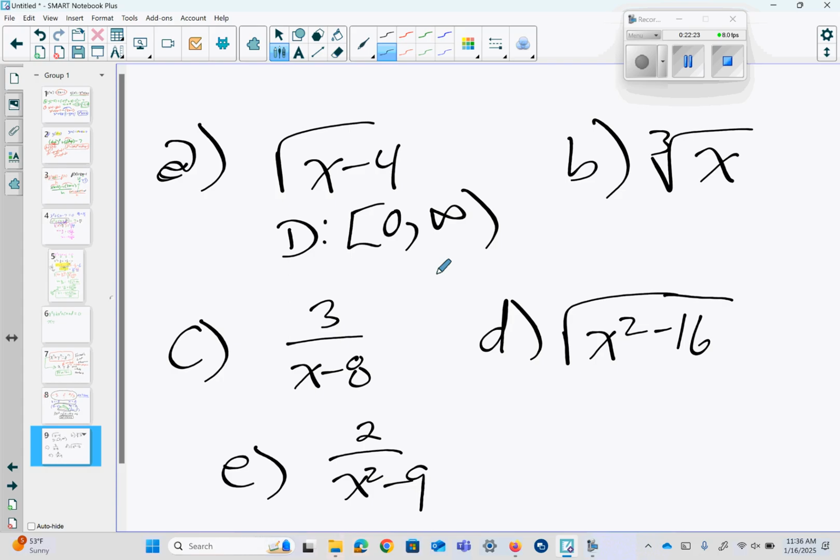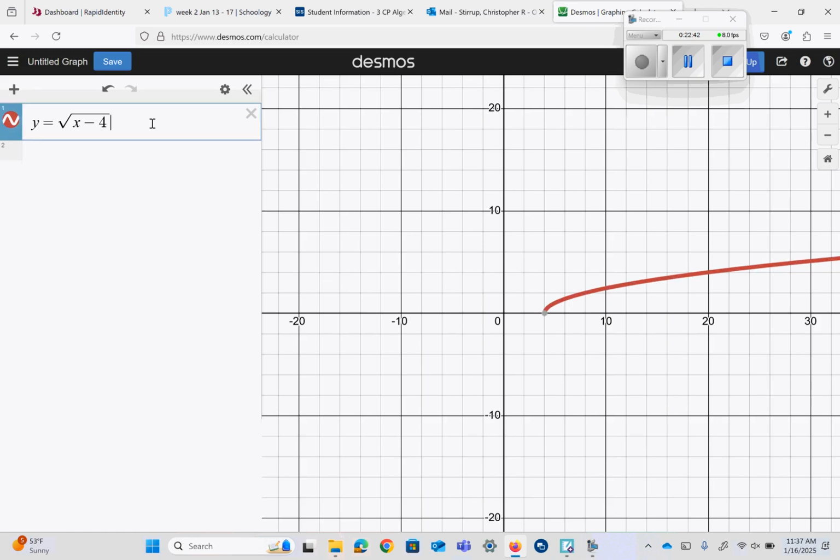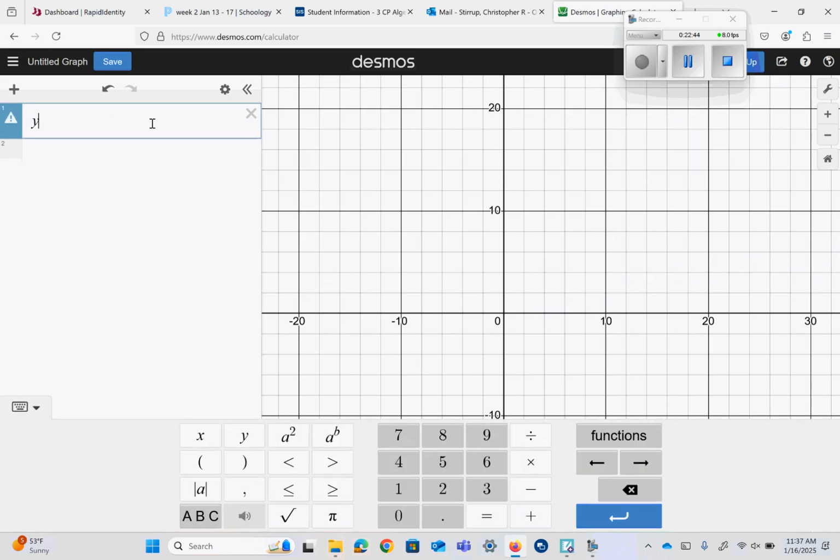Okay. If you look, we're on the back side of the second review. Third review. Thank you. I just make errors all the time. I don't know where I'm at anymore. All right, so if you wanted to graph this one, Desmos will indeed take care of a third root for you. So y equals, and look for the third root.